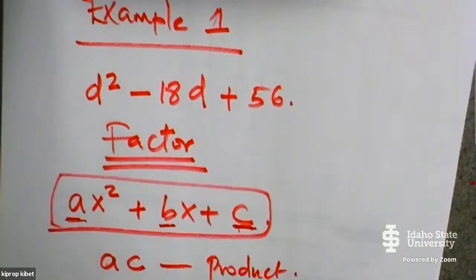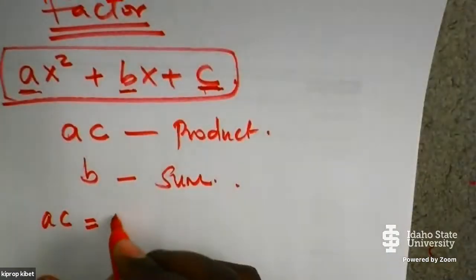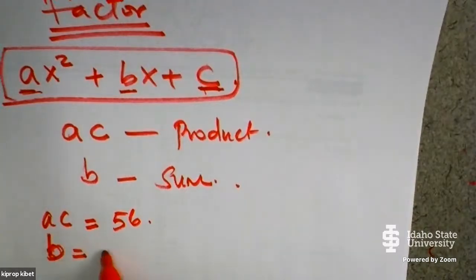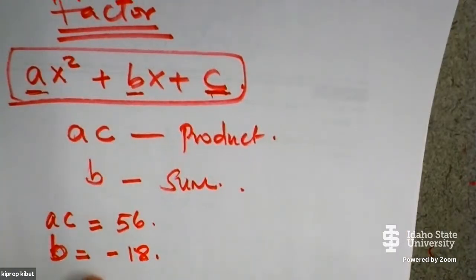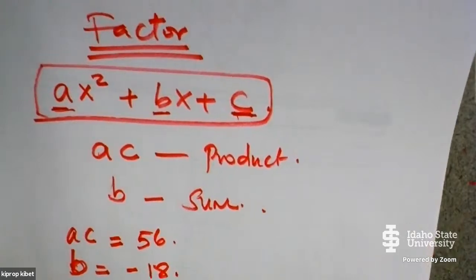So the product, which is ac, equals 56, and the sum, which is b, equals negative 18. We need two numbers whose product is 56 and whose sum is minus 18.